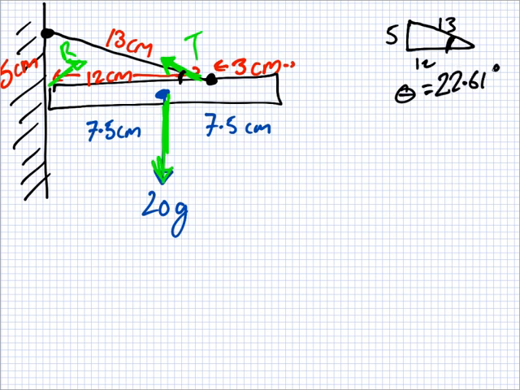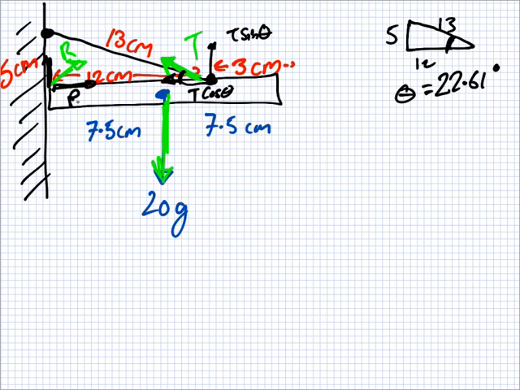Okay. So, look at the T. There's a force to the left and a force to the right. So you have T cos theta and T sin theta. And also for the OR, you have a force to the right and a force up.